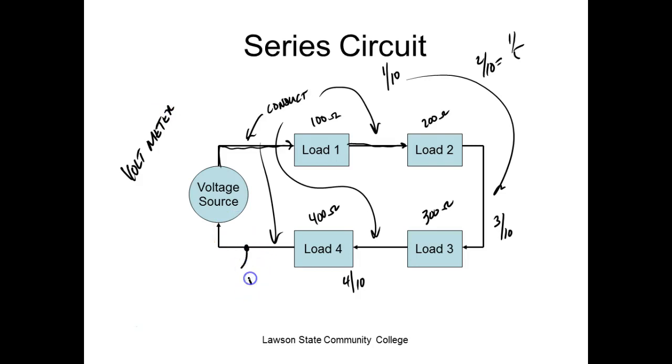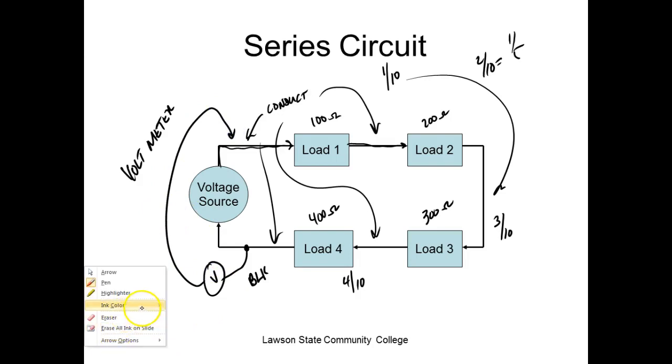One of them is going to be black. So we establish one of them as our common, and then my meter would be here, and then it would come over here, and I need to draw this in a different color. If this is DC, this right here would be the red lead. So the meter is going to have two leads on it. And this right here would actually be red.